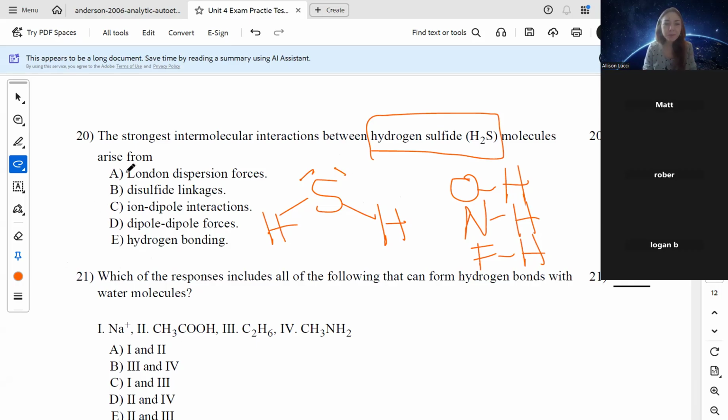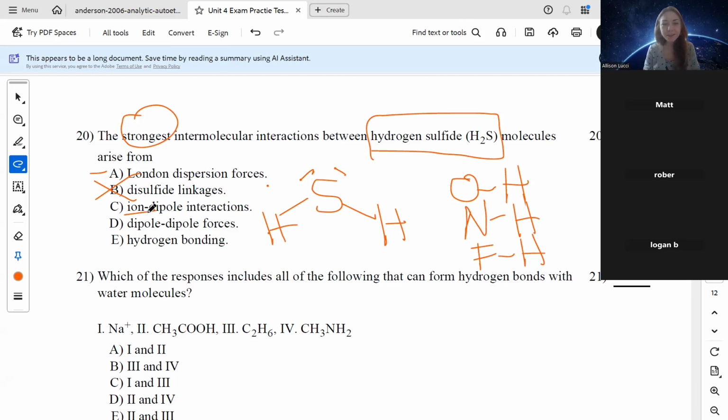I know I have London dispersion, but I'm looking for the strongest, so I'll set this off to the side because I know it's there. Disulfide linkages, we didn't talk about these, but these are sometimes in DNA or polymers. Sulfur can link with other sulfur atoms, but we didn't talk about those, so I would guess that's not going to be the right answer because that's beyond what we talked about in class.